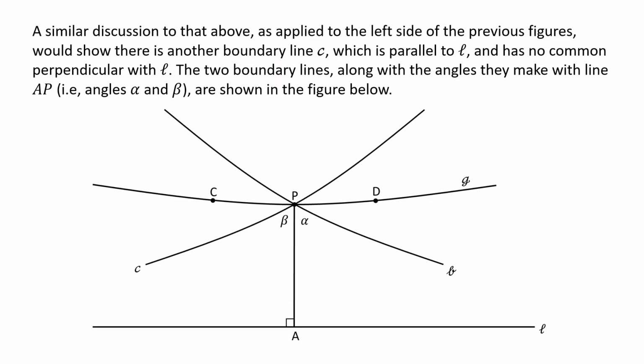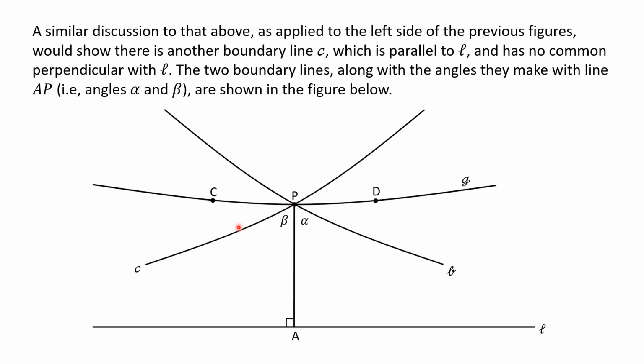A similar discussion as to that from the previous slide can be applied to the left side of the previous figures, and we would find that there's a line C which has a positive slope in this case, is parallel to L, goes through point P, but does not have a common perpendicular.